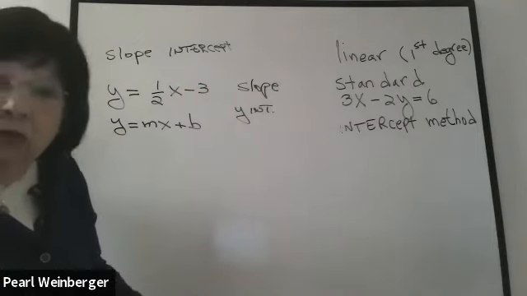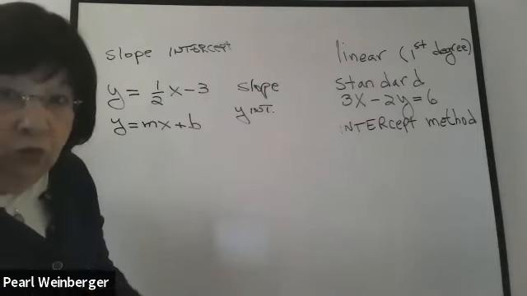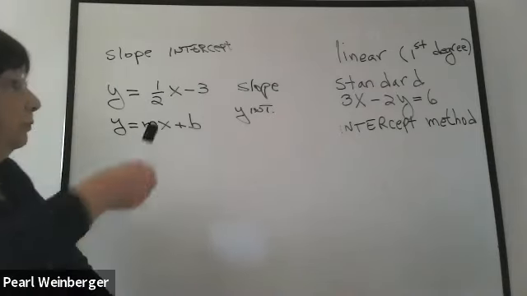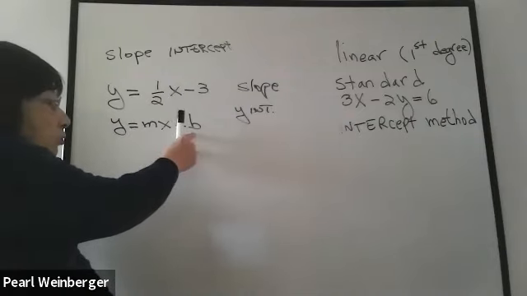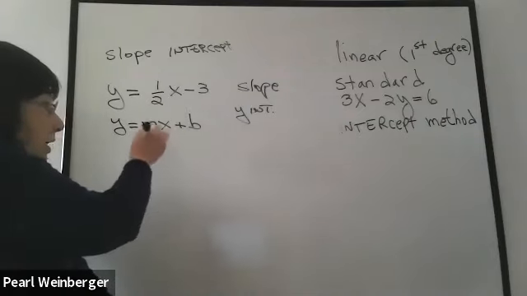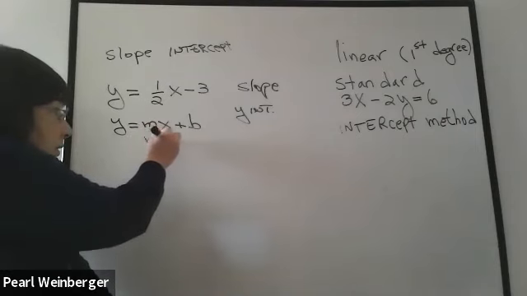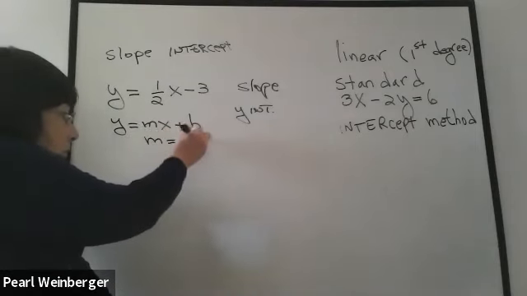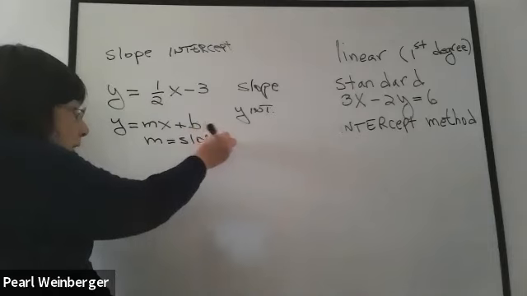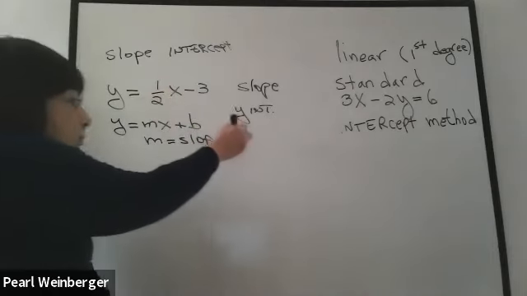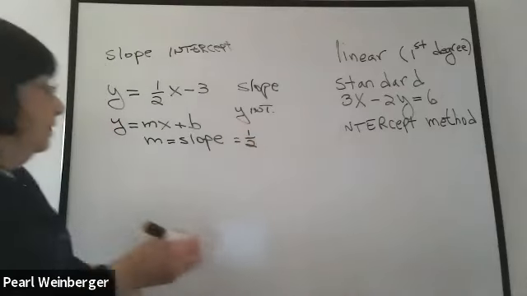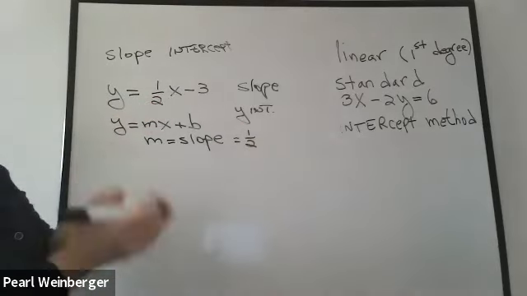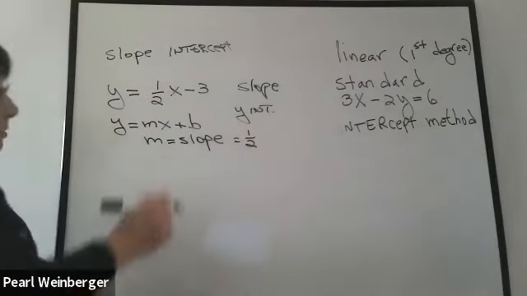Now, the y-intercept, you understand what it means because we just talked about it. When we talk about the y-intercept, we're talking about where the line is crossing the y-axis. In the y equals mx plus b form of an equation, the m is the slope. So for our particular equation, the slope is 1/2 because that's the number in front of the x. I'll talk about what that means in a second.